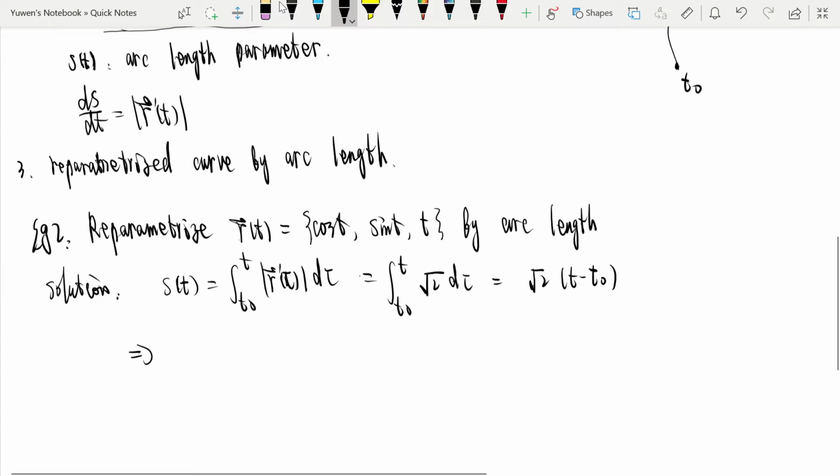By arc length, maybe we can start from t naught equal 0, maybe this is easier. So here the t naught is 0.